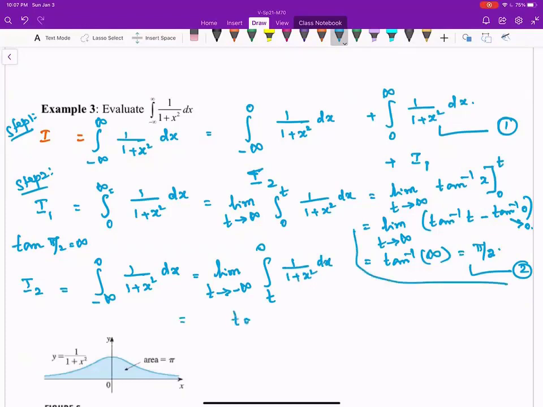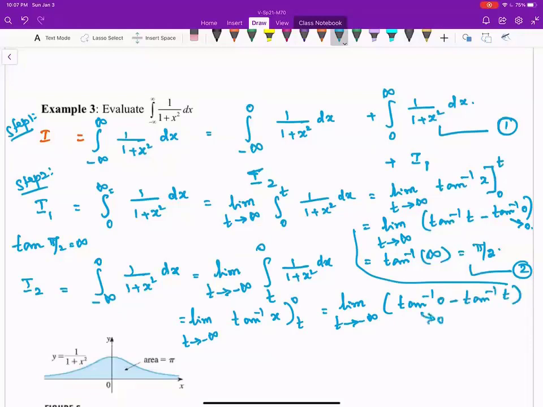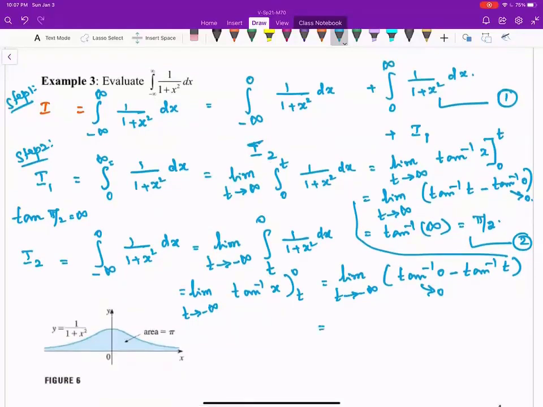This will be inverse tan of x between t and 0, as t approaches negative infinity. So it is tan inverse 0 minus tan inverse t. Inverse tan of 0 is 0, then we have negative of tan inverse of negative infinity, which is equal to negative of negative pi by 2, which is equal to pi by 2.